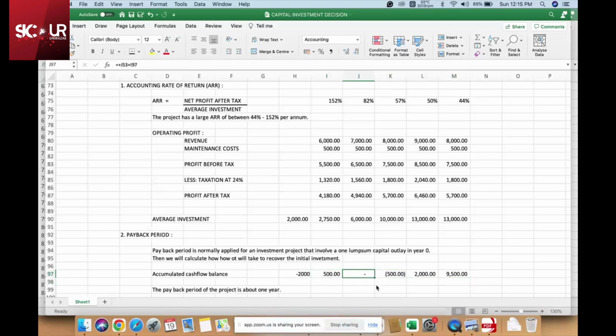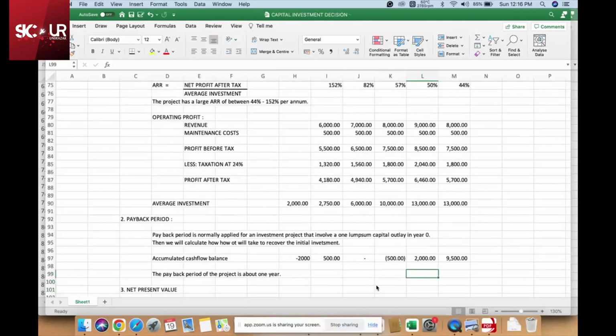Then in year two it is zero, so the payback is also achieved. But in year three, you have a negative accumulated cash flow, so actually you are back on the negative. But in year four and year five, you are positive. So we can say that the payback period of this project is about 3 years, or actually, you achieve payback in year four.